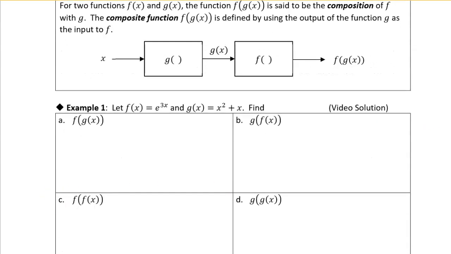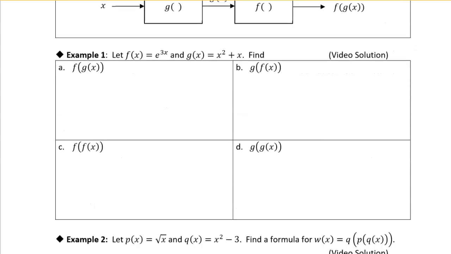So let's take a look at the first example here. We're just going to practice writing some composition of functions. All right, so the first one is f of g of x. We're going to take the output of g of x and feed it into the input of f of x.